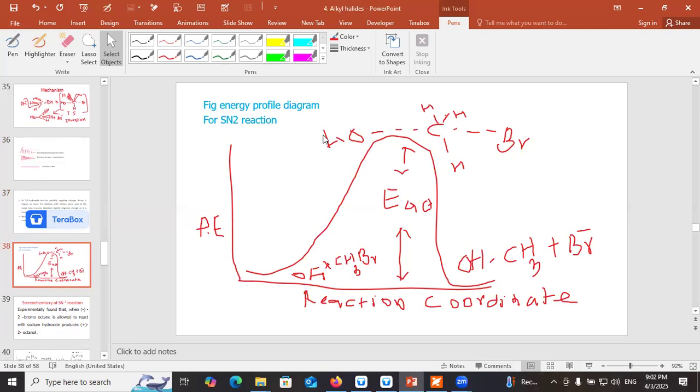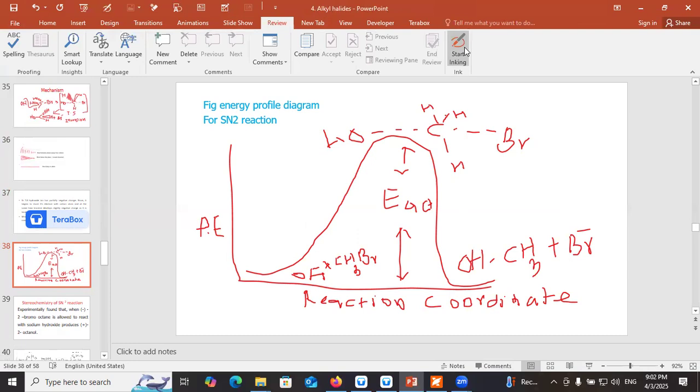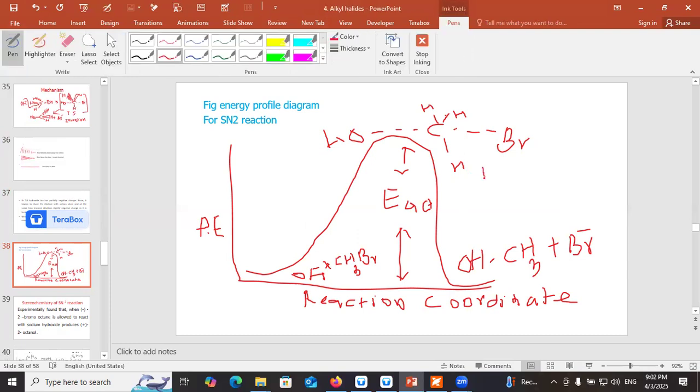Energy profile diagram for an SN2 reaction. This is the potential energy, this is the reaction coordinate, this is the reactants, this is the products, and this is the transition state. And this is the product.